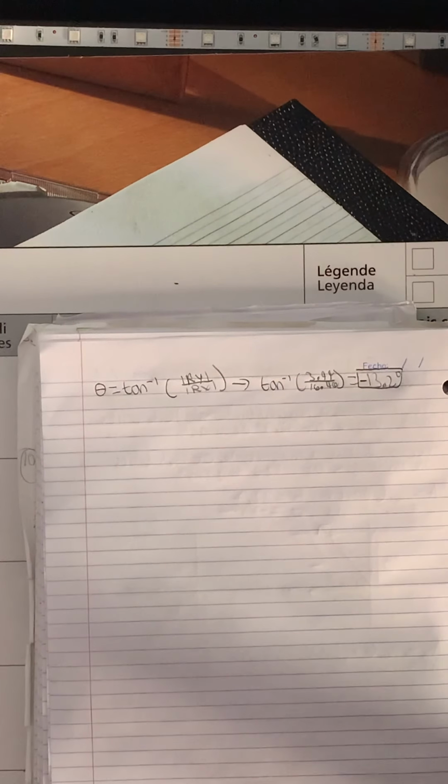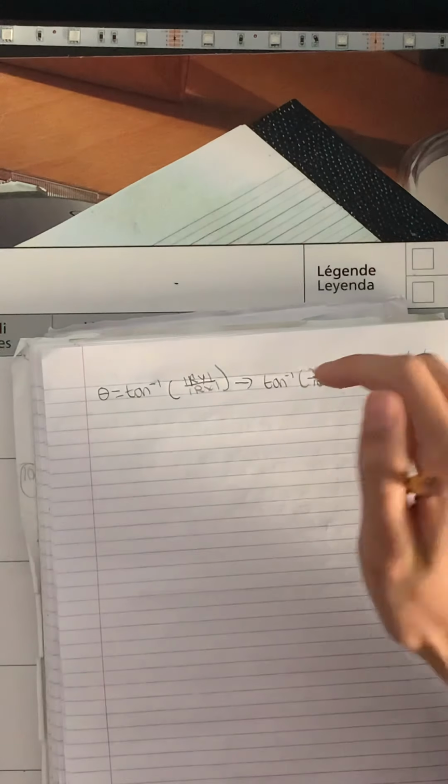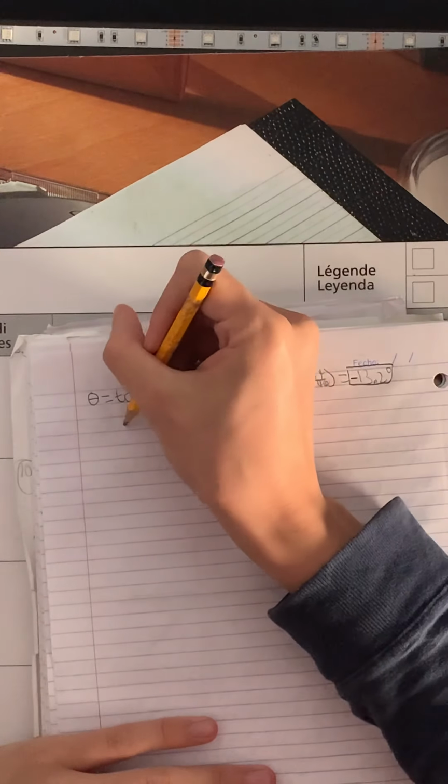And finally, we have to describe if it's above or below the x-axis, and if it's above the positive x-axis or above the negative x-axis. So our answer would be negative 13.2 degrees.